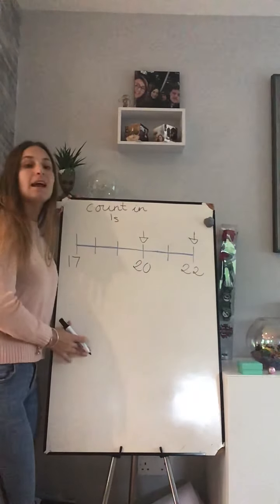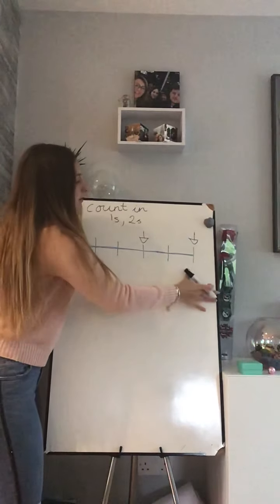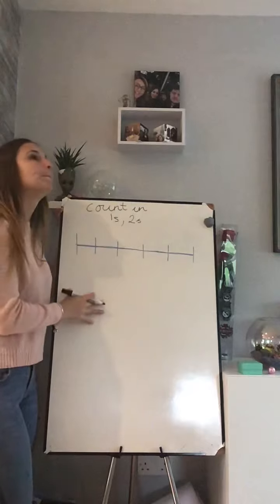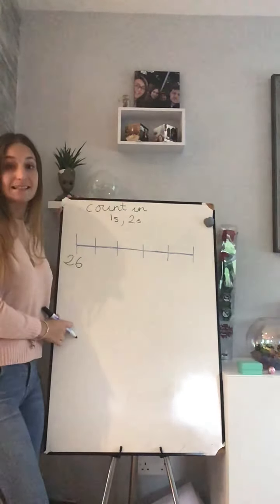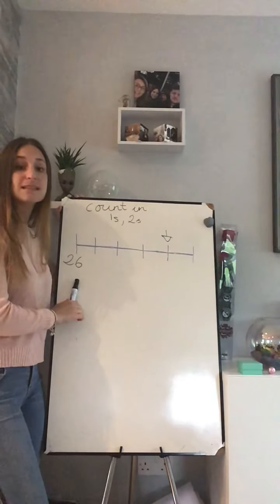Well done. Now I'm going to be counting in twos. Okay, and I am going to start with 26. What number will be this line if I'm counting in twos from 26?